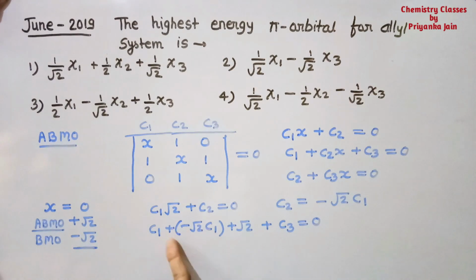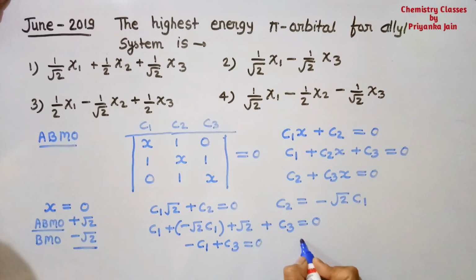So when we are solving, minus root 2 into root 2 will be minus 2 C1. So minus 2 C1 plus C1 will be minus C1 plus C3 is equal to 0. So we are getting C1 is equal to C3, right?